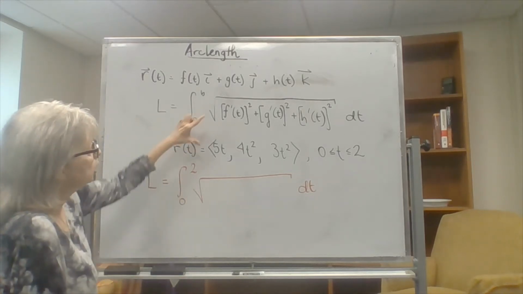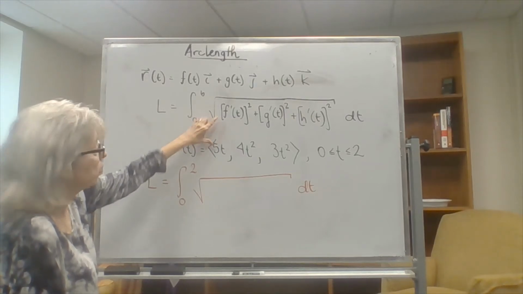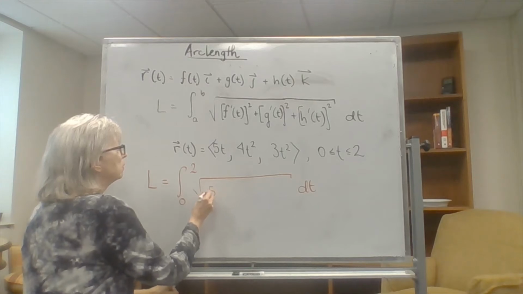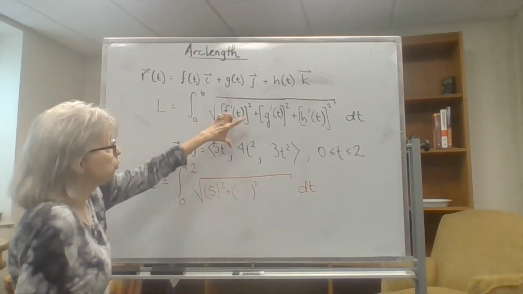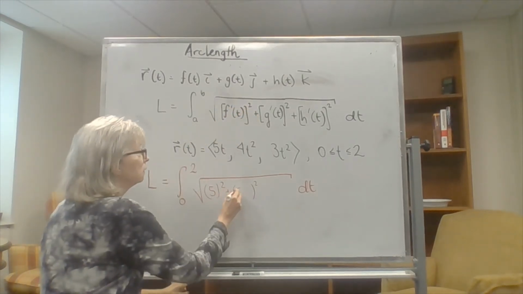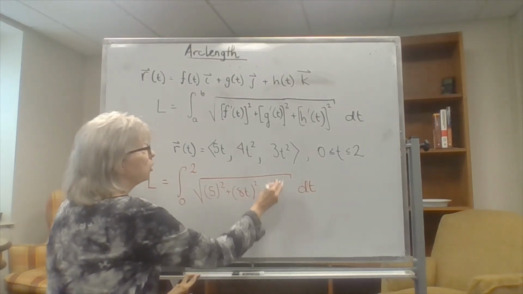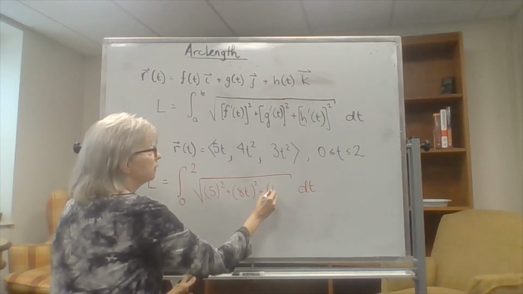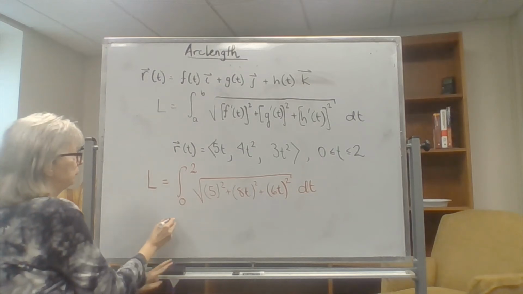What's the something? The derivative of x with respect to t, squared. What's the derivative of 5t? 5. The derivative of y with respect to t, squared. The derivative of z with respect to t, squared.